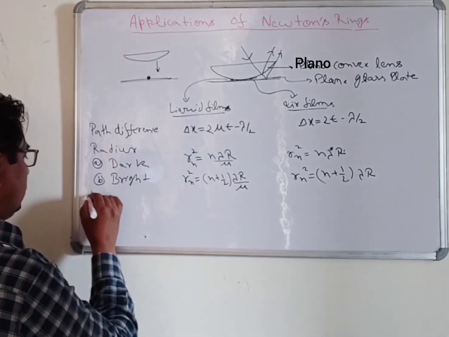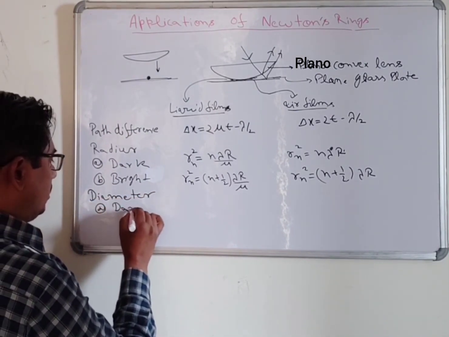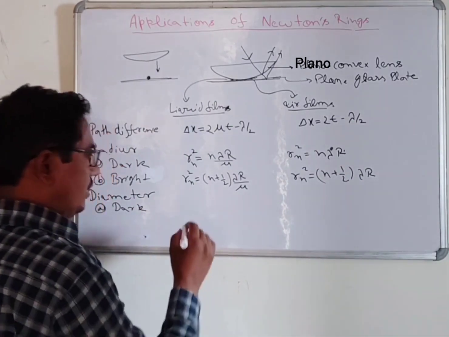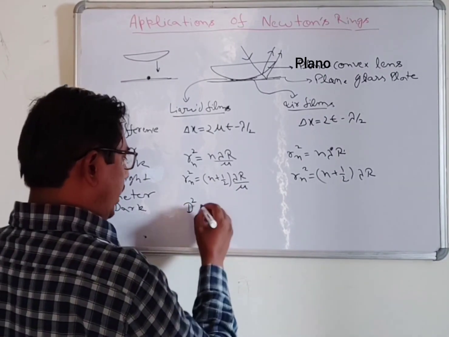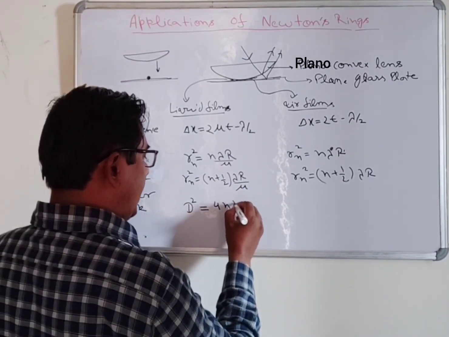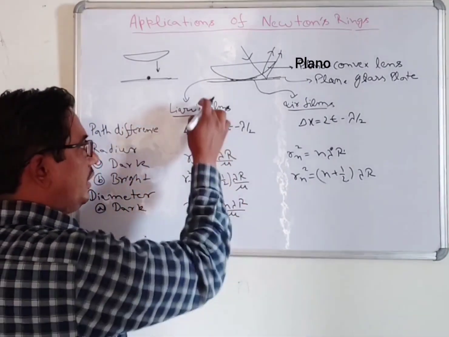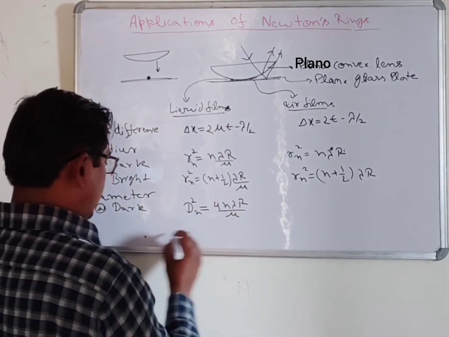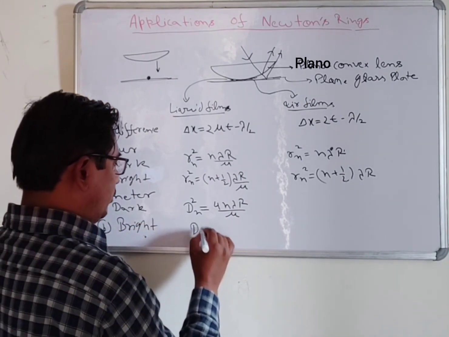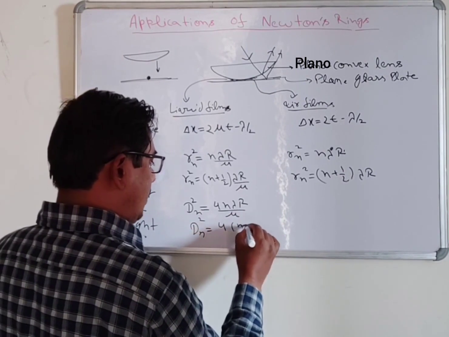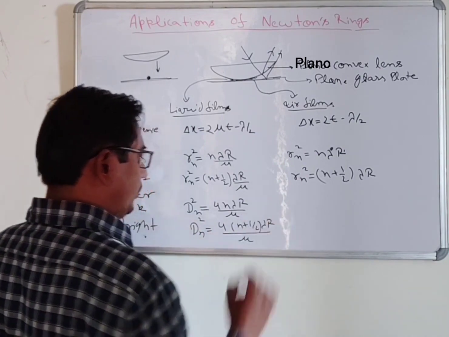What about the diameter? For dark, the diameter is just double the radius. So diameter D square is equal to 4 n lambda R by mu, because we have written for liquid medium. So we have used mu here. And for the bright, the diameter square is equal to 4 (n plus half) lambda R divided by mu.